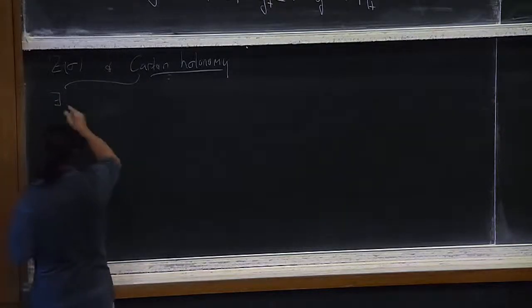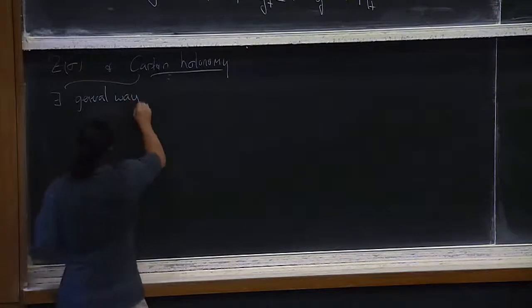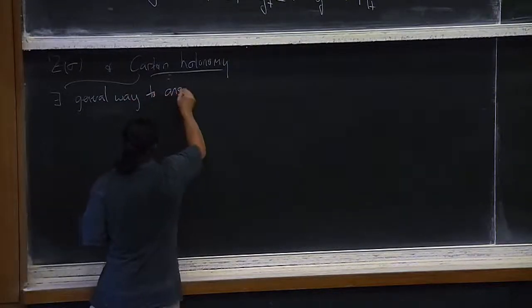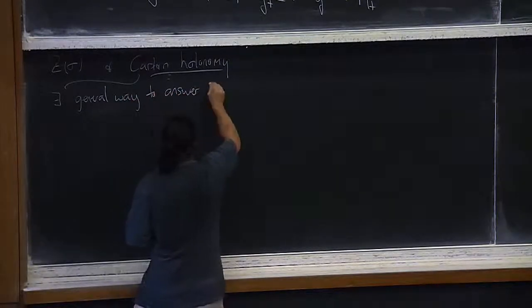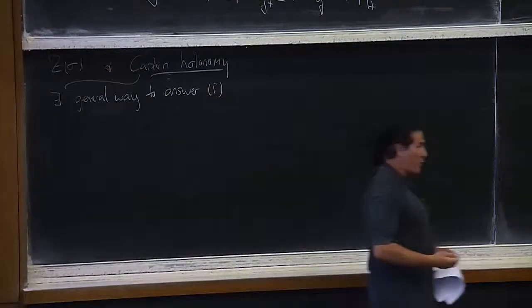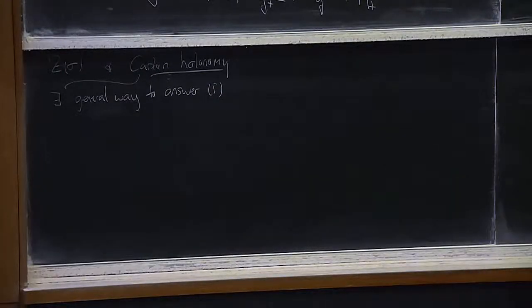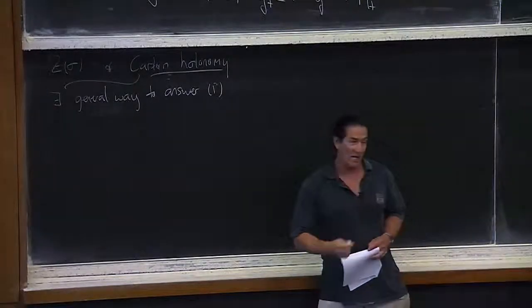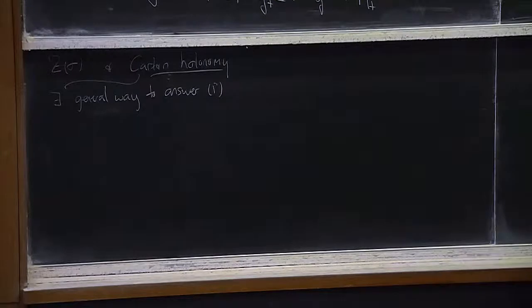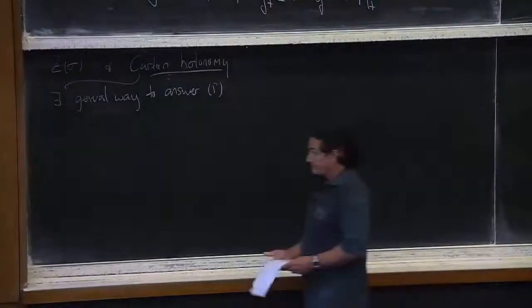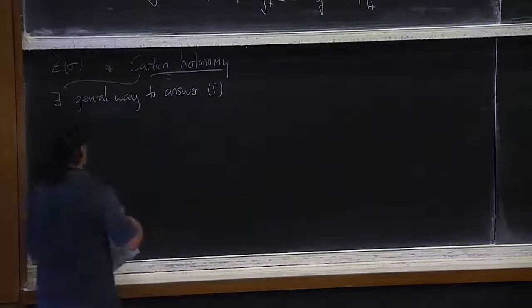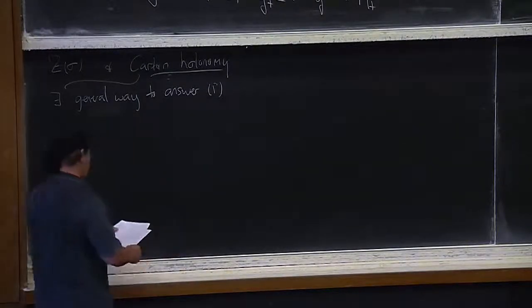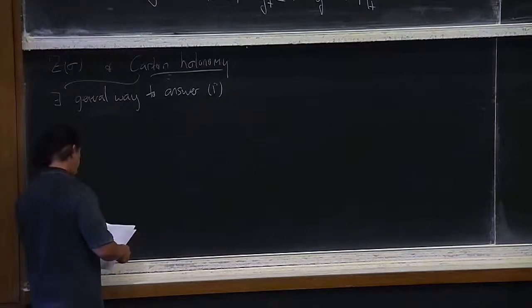So the point is there's a very general way to answer one. In one sense, if you really just want to study one, what is the zero locus when this thing is almost Einstein, it's crazy not to do it this more general way because you see a lot more. So let me say a little bit about that. But secondly, to deal with two, I want to look at things from a more elementary point of view.